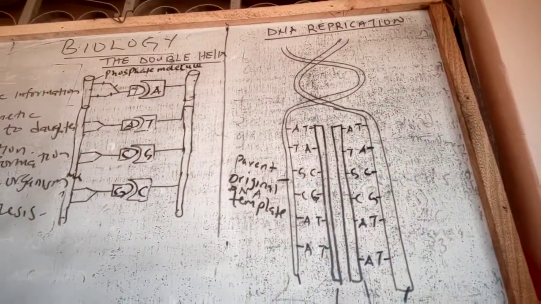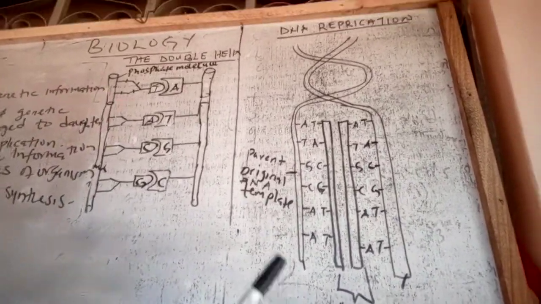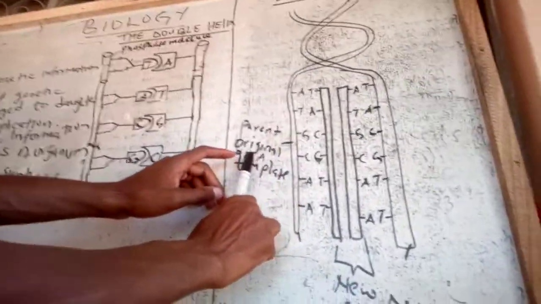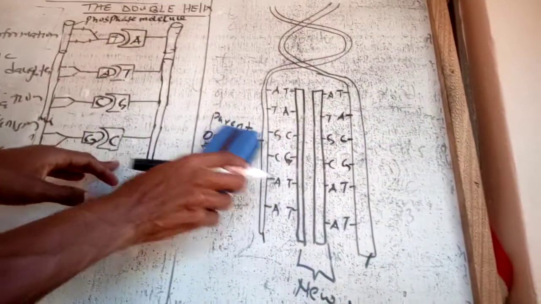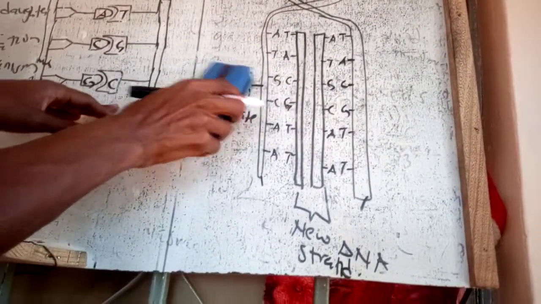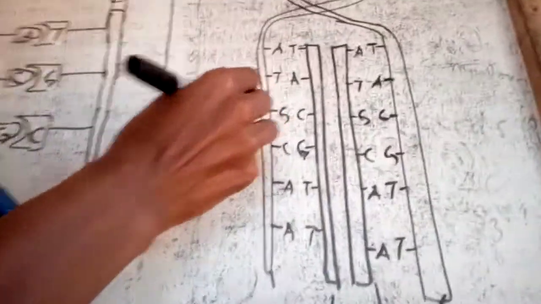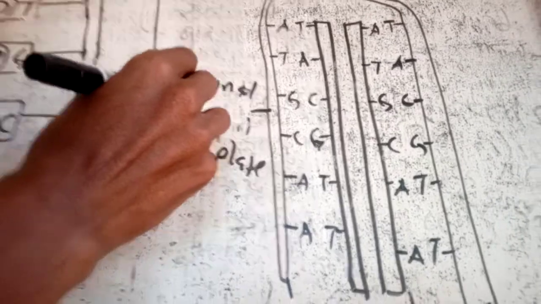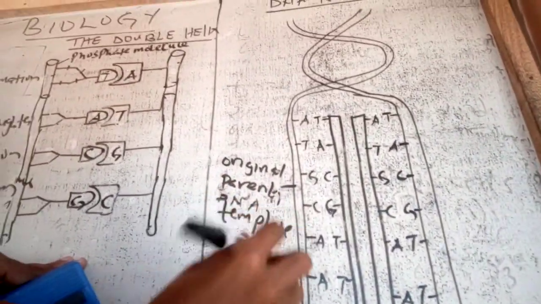What you are supposed to know is that this is the parent DNA template, the original. You can write original, or parent, DNA template on top.